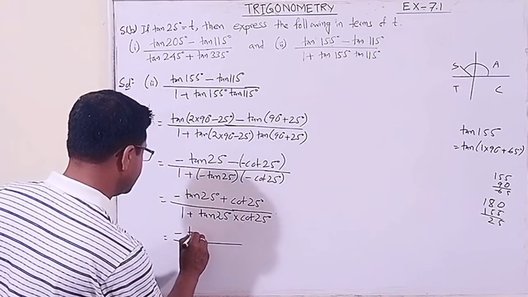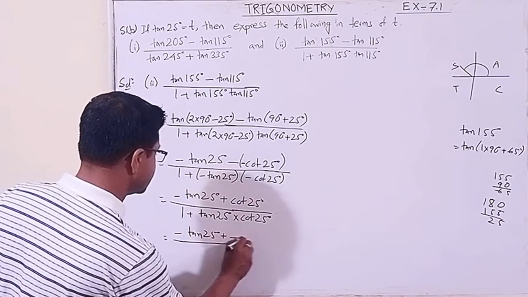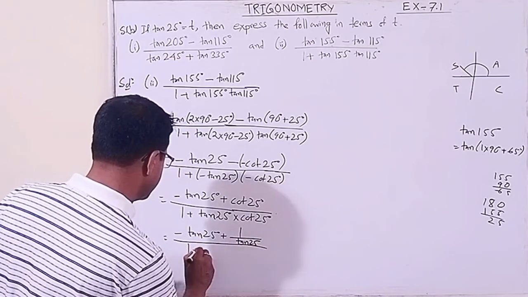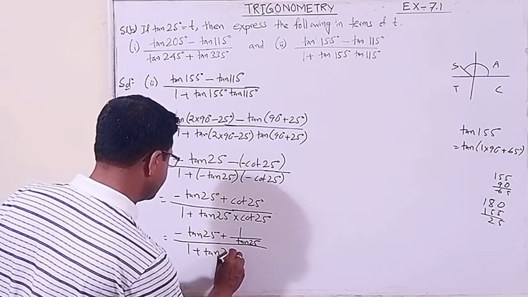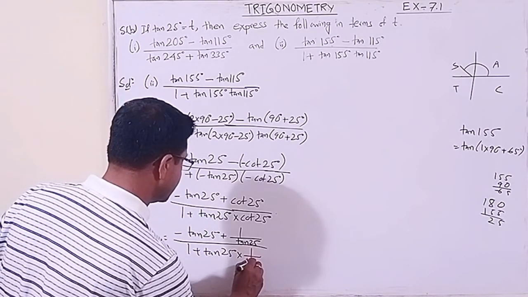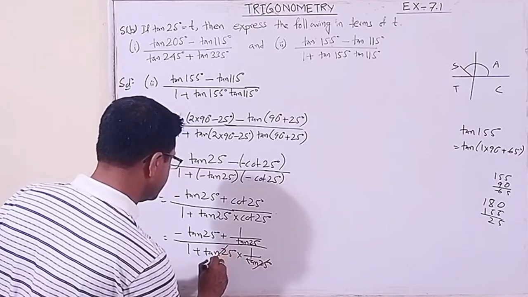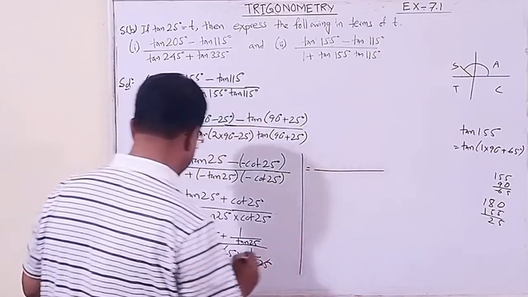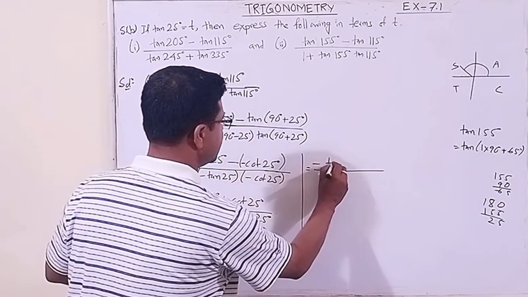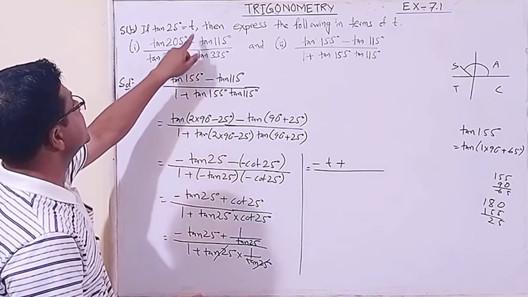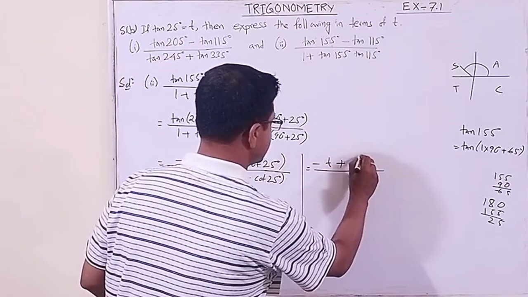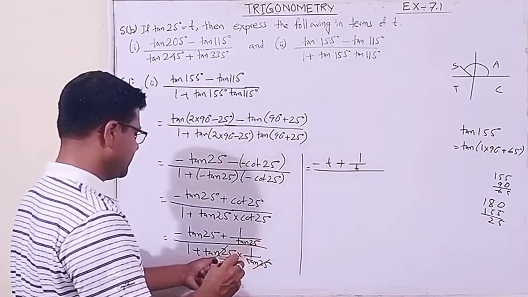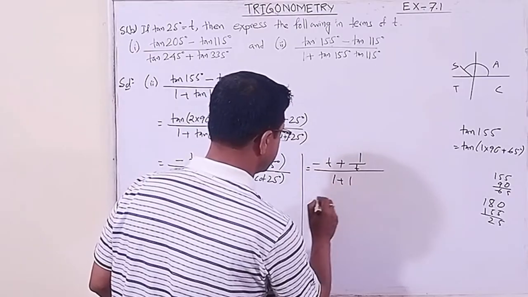Now minus tan 25 degree plus cot means 1 by tan 25 degree, over 1 plus tan 25 degree, cot means 1 by tan 25 degree. These two will get cancelled. Only a little part is left. Minus t, because tan 25 degree is t, plus 1 by t.